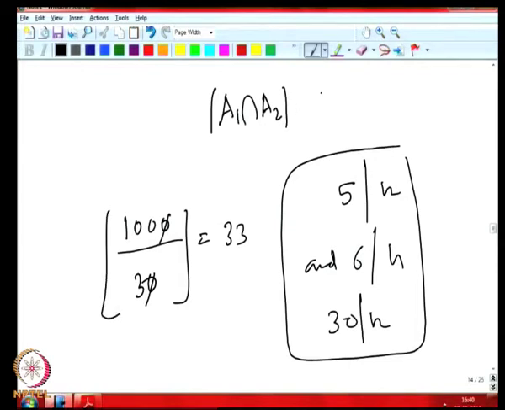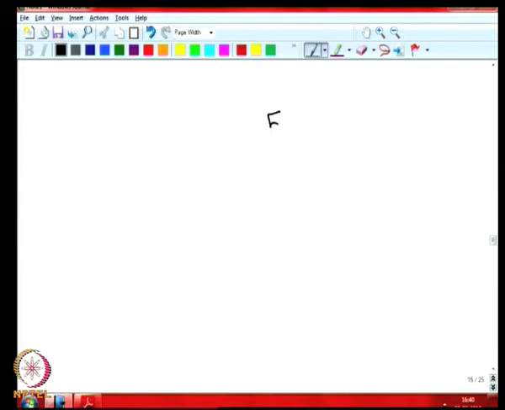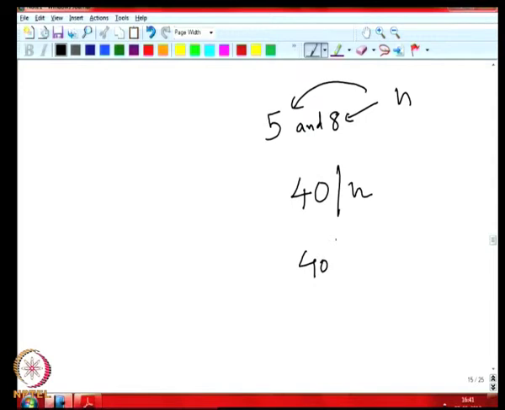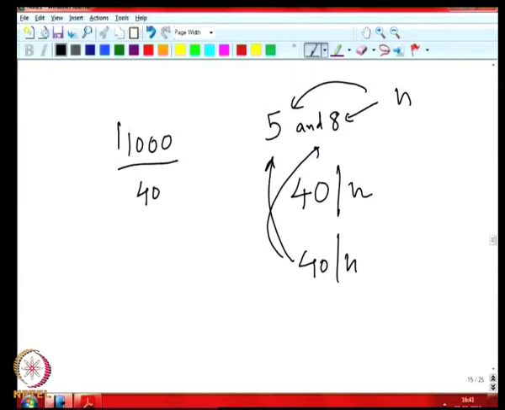Similarly, we can find the numbers which are divisible by 5 and 8. It is very easy to see that if a number is divisible by both 5 and 8, then 40 has to divide it, and the other way, if 40 divides that number, then both 5 and 8 divide it. So, we can find the number of numbers divisible by both 5 and 8 by dividing by 40 and taking the floor, that is 25.